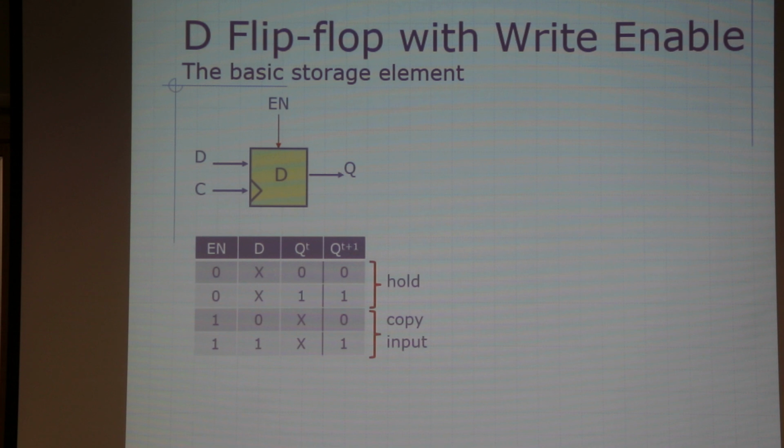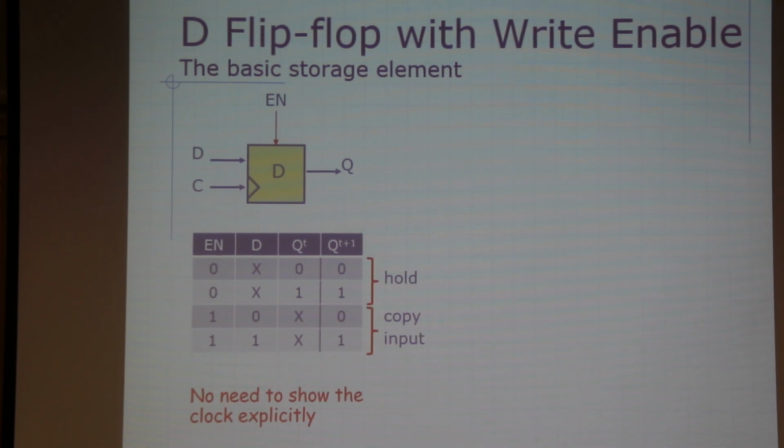So we want control over when storage will be updated. And we don't want to rely on clocks, because the clock is going on and on and on. So it's a detail for us that these changes only happen at a clock cycle. For us, what is important is no change can take place unless I give you an enable signal.